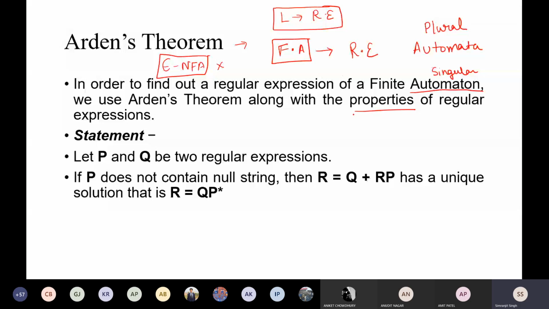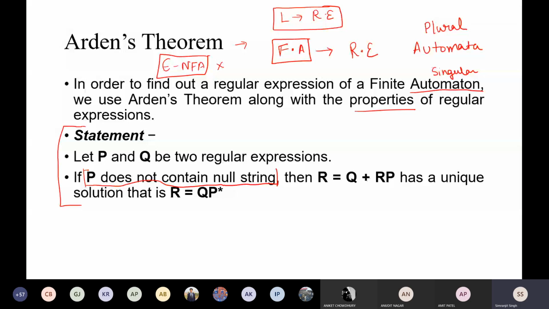Okay, so now the statement goes like this. Remember the statement. Let P and Q be two regular expressions. There is one condition here. The first assumption is that P does not contain a null string.